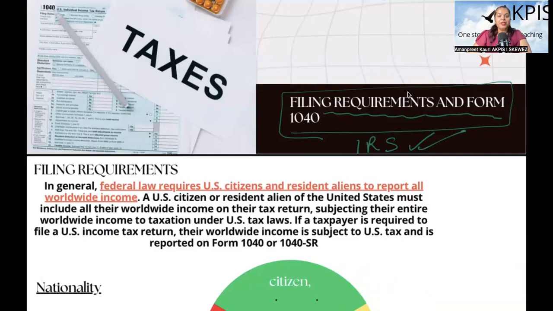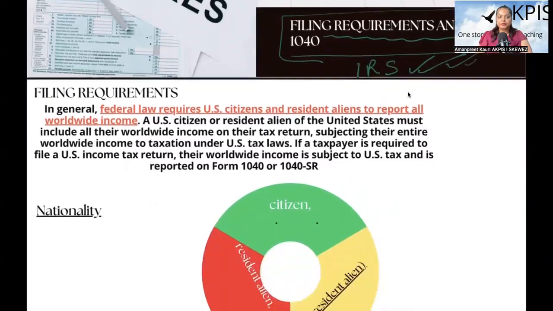In this lecture, we are going to discuss all of this comprehensively, even for persons who are not in the United States but satisfy the green card test or the substantial presence test, and are supposed to pay taxes as per US taxation norms given by the IRS. So let's start our discussion on this aspect.